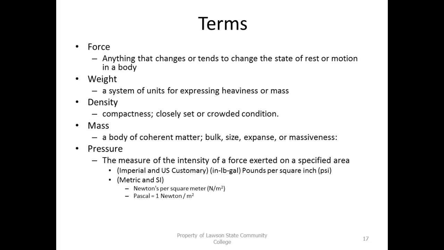We have two standards. We have the U.S. Imperial and the U.S. Customary, which is also called inch, pound, and gallon. And of course, here we have one unit in the English or U.S. Customary, and that's pounds per square inch. So that's what we'll be dealing with a lot here, but we will compare them.